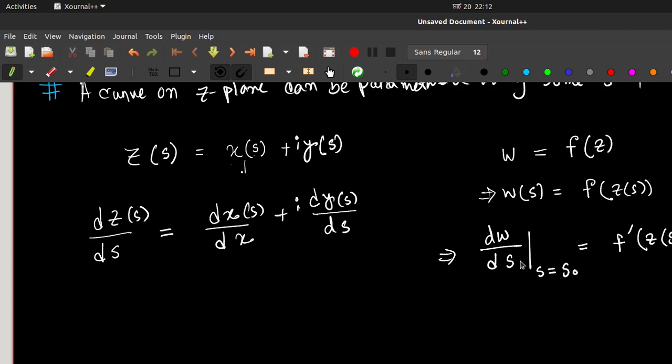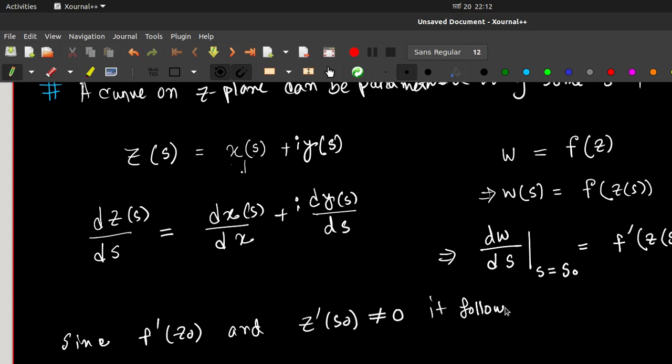Now, since f prime of z0 is not equal to 0, that is the derivative at that particular point z0, which belongs to the point s0 of the parameter, and z prime of s0 is also not 0, it follows that dw by ds at s equals s0, which is written as w prime of s0, is also not equal to 0.